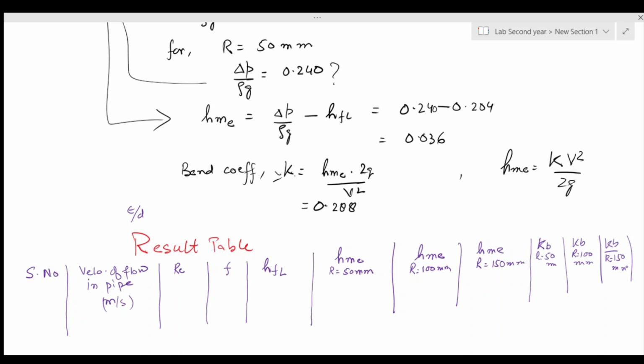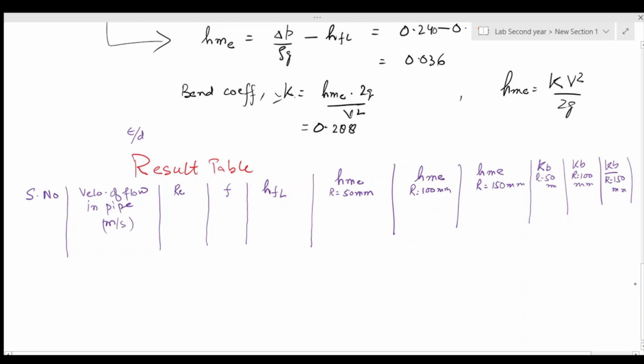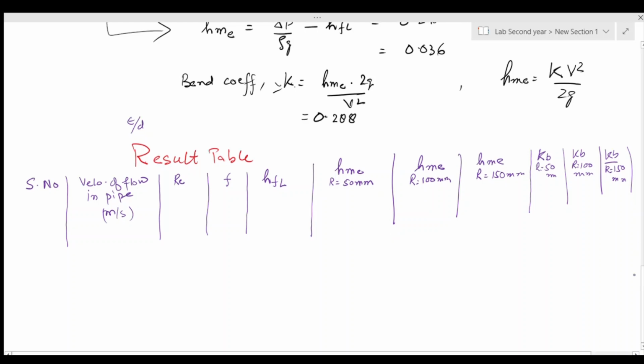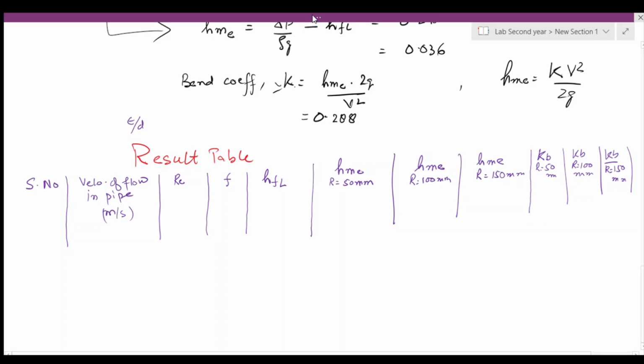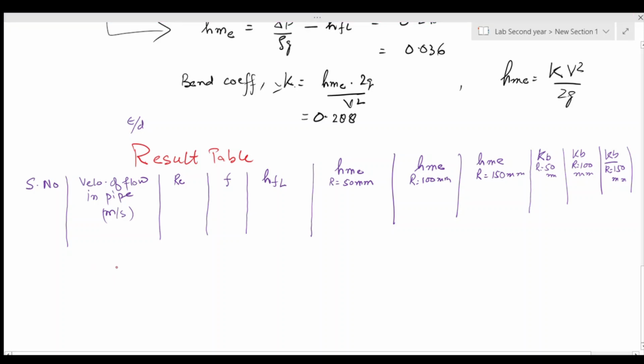After my result table I need to make my graphs, and let's talk about that now. Graphs to be drawn.